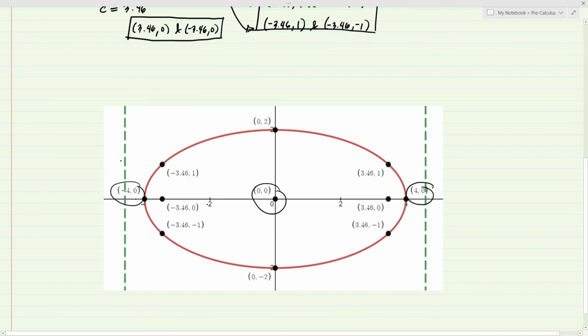The endpoints of our minor axis, which are the co-vertices, (0, 2) and (0, -2). The coordinates of our foci, (3.46, 0) and (-3.46, 0). The endpoints of our latera recta, we have here 1, 2, 3, 4. And last one would be the equations for our directrices. So we have x equals positive 4.60, and on the left side, x equals negative 4.60.